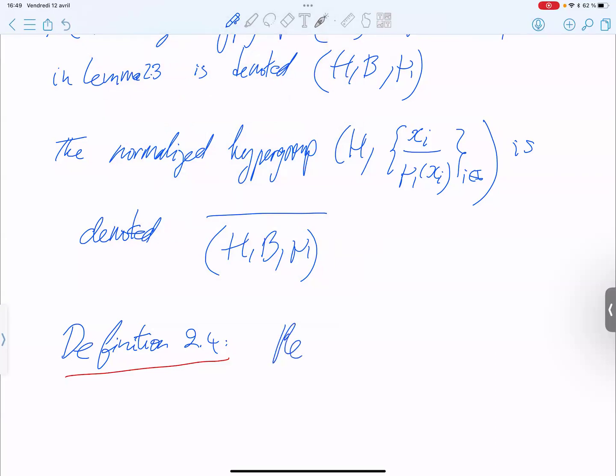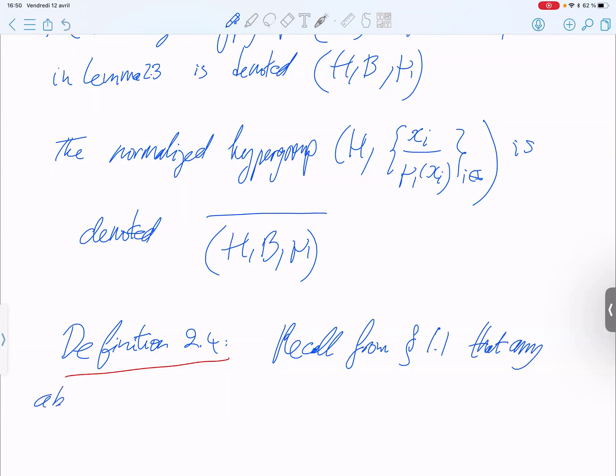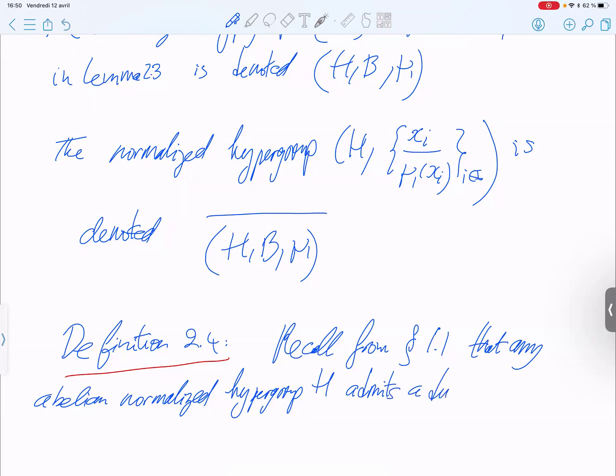Recall from section 1.1 that any abelian normalized hypergroup H admits a dual hypergroup H star.